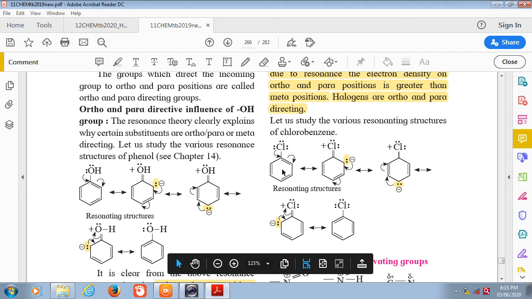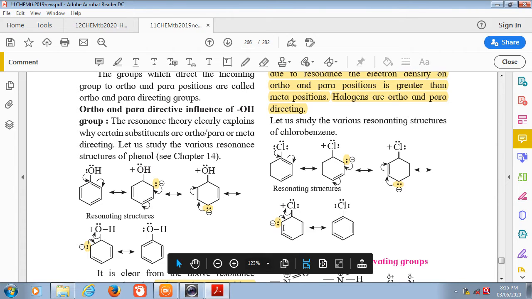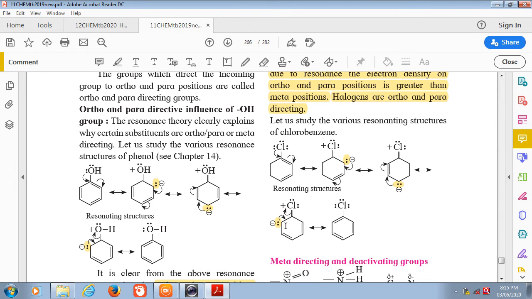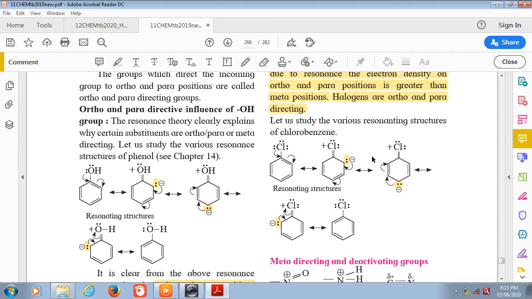If you observe the second structure, the negative charge is at ortho position or carbon number 2, in the next resonating structure the negative charge is at the fourth position of your benzene ring, and in the next structure again the negative charge is on carbon 6 or ortho position. So your ortho and para positions become electron rich. That's why Cl is an ortho para director.